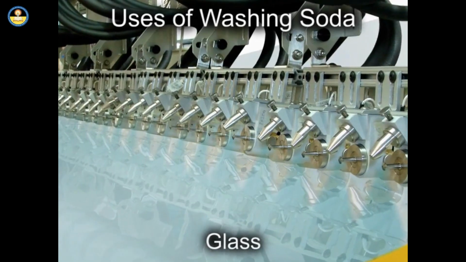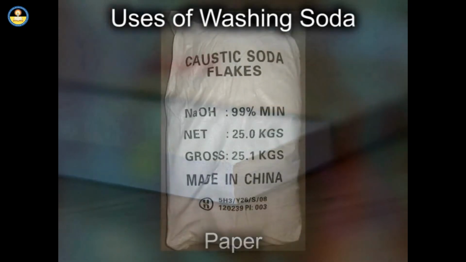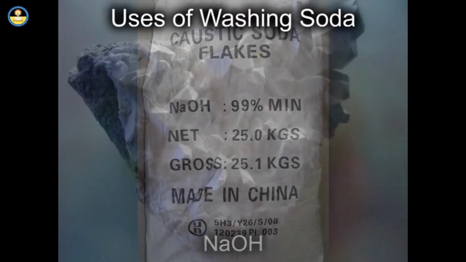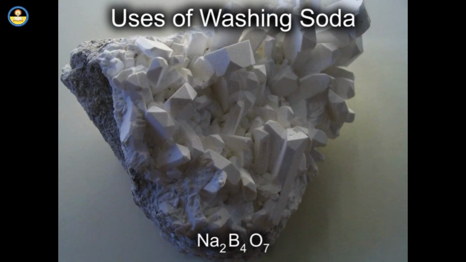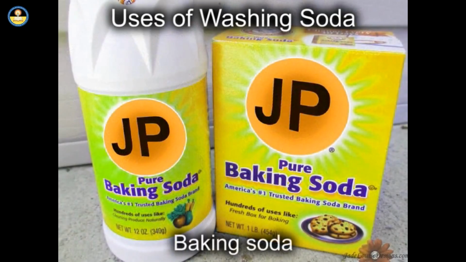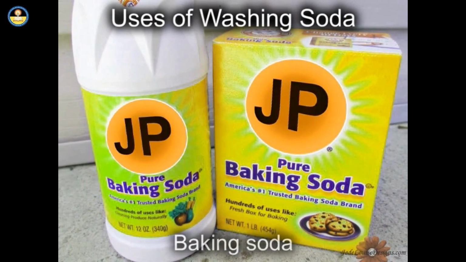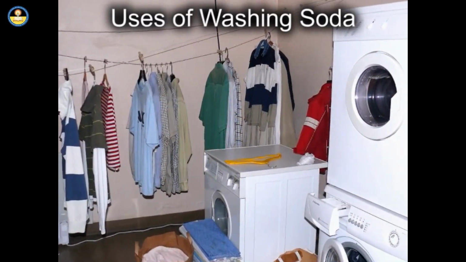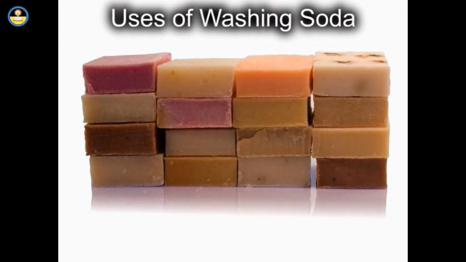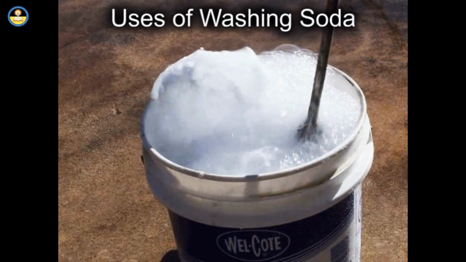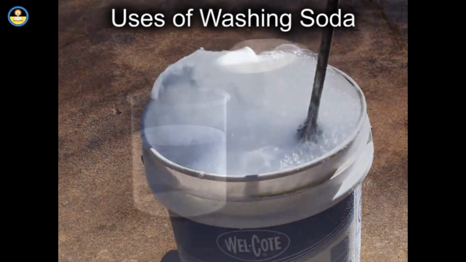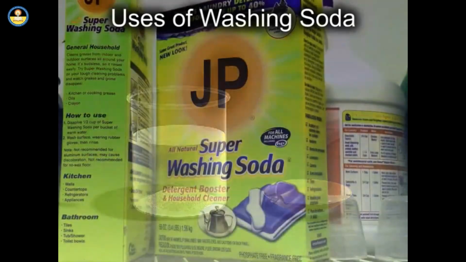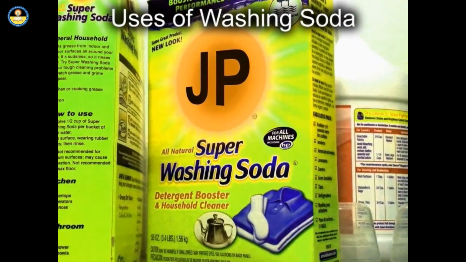In the manufacture of glass, paper, and also chemicals like caustic soda, that is NaOH, borax, Na2B4O7, and baking soda, etc. In the laundry for washing clothes and as a constituent of a number of dry soaps, as a cleansing agent for domestic purposes, for removing permanent hardness from water, as a useful reagent in the laboratory.